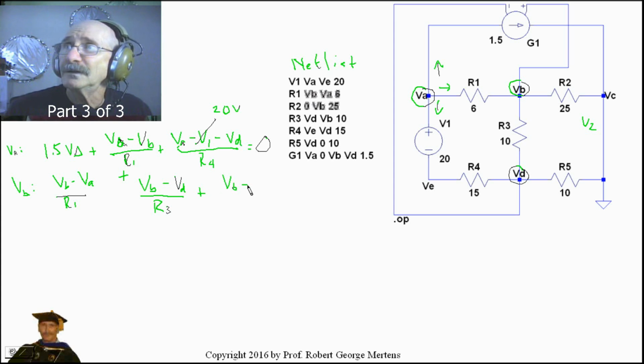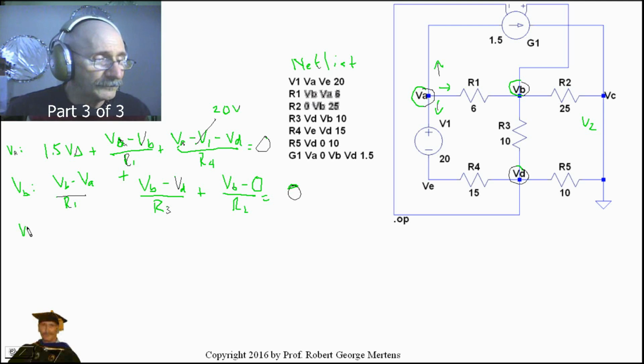Now get this. This used to be VC, and now it's a 0. So that simplifies that, divided by R2. And that's all equal to 0 as well. And then the third node we're going to go around is VD.